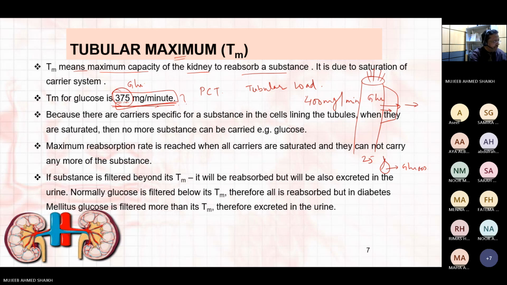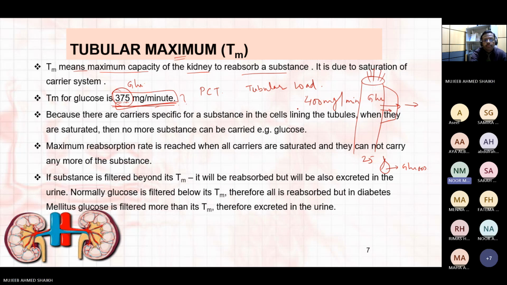Can anyone tell me the answer? Why is it only 375? Why can it not absorb 400?